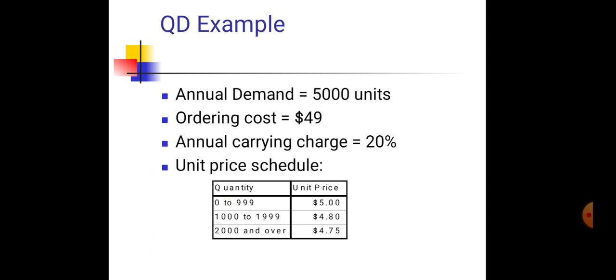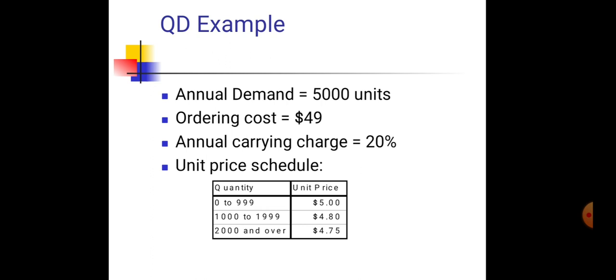Now we will see one example on this third type, the quantity discount example. So let us note down. The annual demand is given as 5,000 units, the ordering cost is $49, the annual carrying charge is 20%, and the unit price is given.